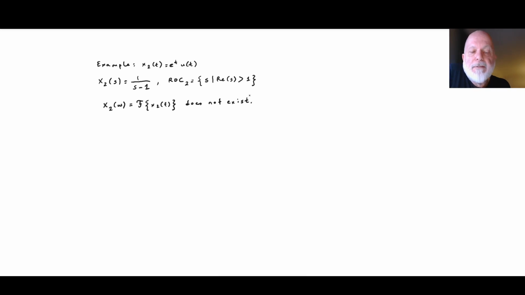So we cannot claim that we can obtain X2 of omega by substituting s equal to j omega in this expression and obtaining 1 over j omega minus 1.